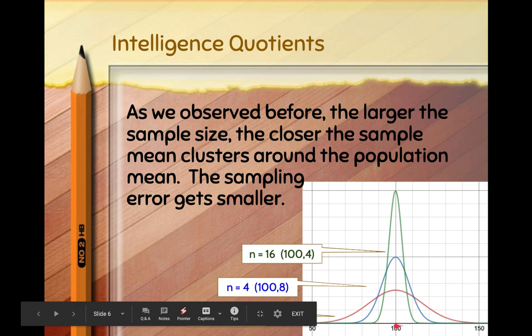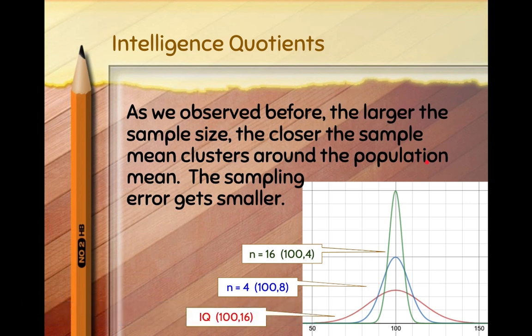So here with a sample of 16, I'm pretty much between 90 and 110 on most of my samples. So I'm getting really close there. That says if I have a sample size of 16, I have a better chance of matching my actual population mean. And that's what we're looking at.